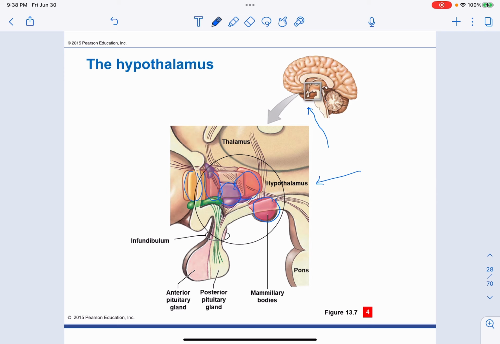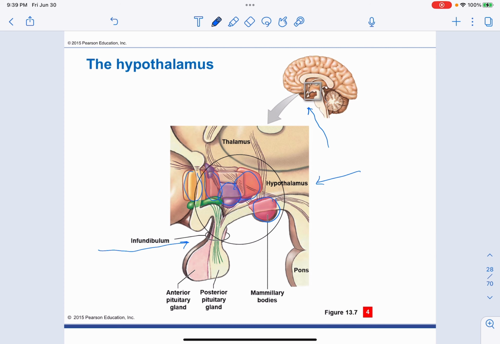And again, I'll talk about it. And then there's a non-hypothalamus structure right here called the infundibulum, and attached to that is the pituitary gland. And all the actions of the pituitary gland are controlled by the hypothalamus. The hypothalamus is actually a master controller.